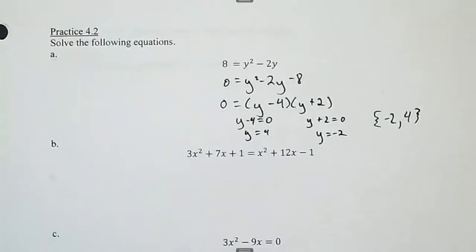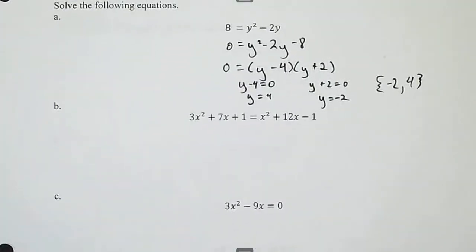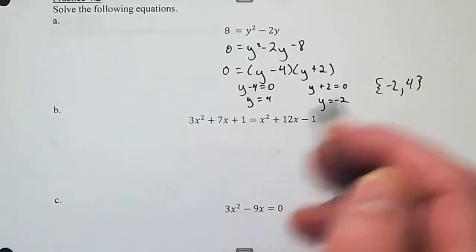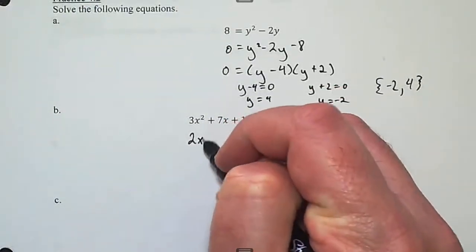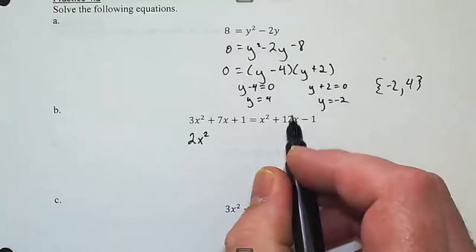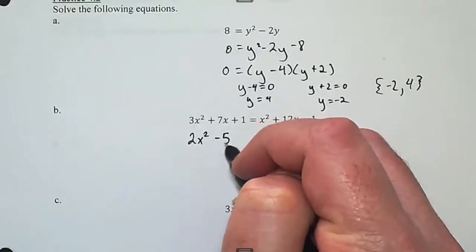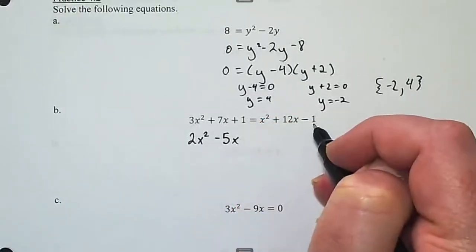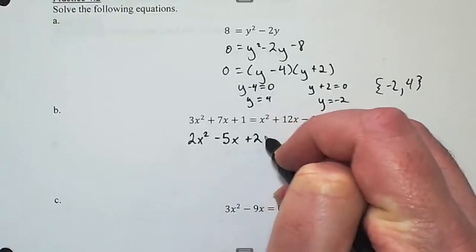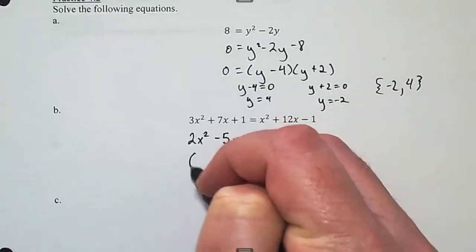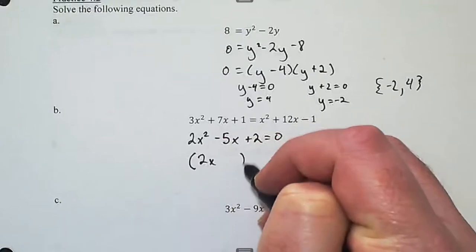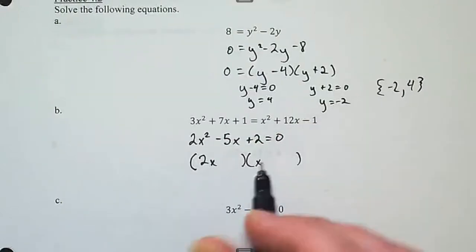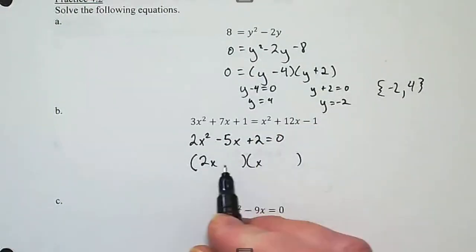Okay, the next one, again, to use factoring to solve a quadratic equation, it only helps to be equal to 0. So let's subtract x squared from each side. I'll subtract 12x from each side. And I'll add 1 to each side, making this 2x and x for the first part. And I know it's 2 and 1, just where do they go?